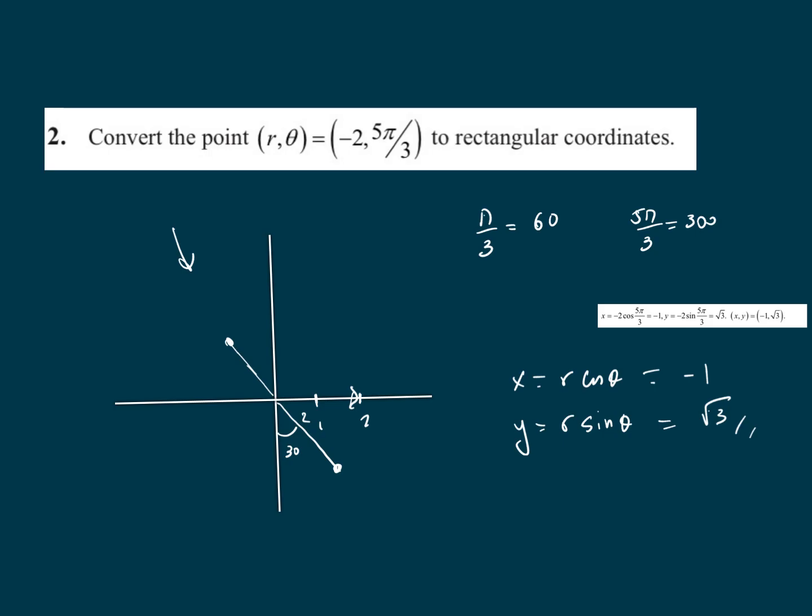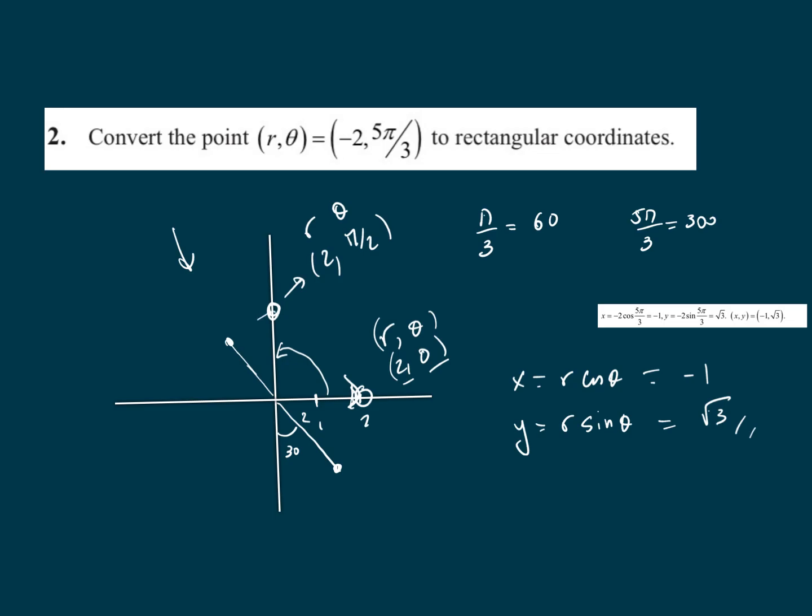But how would you do it visually? This is how I would do it visually. This is the point in polar coordinates (r, theta), the point (2, 0). The theta is 0, the r is 2. When you rotate, you go to this point, which is the point (2, pi divided by 2). The r is 2, the theta is pi divided by 2.